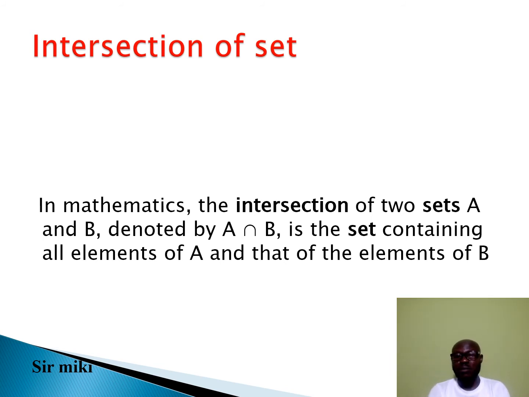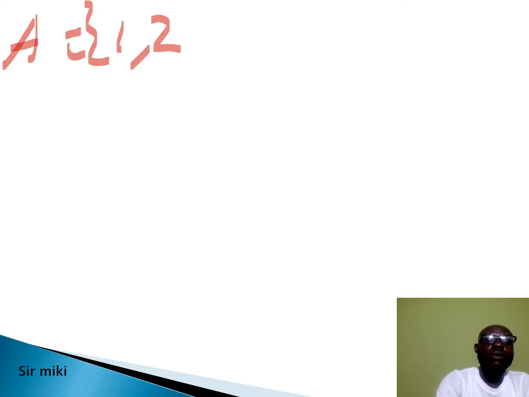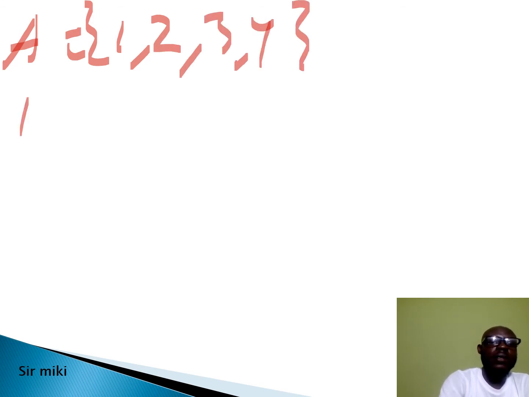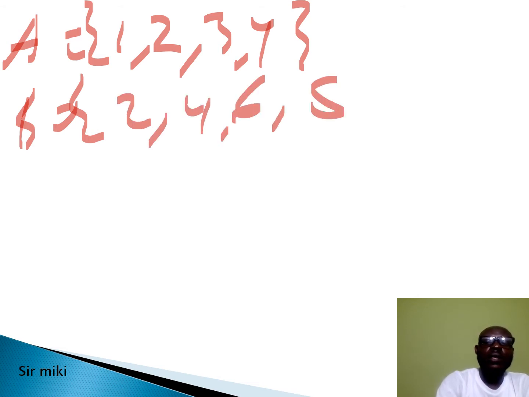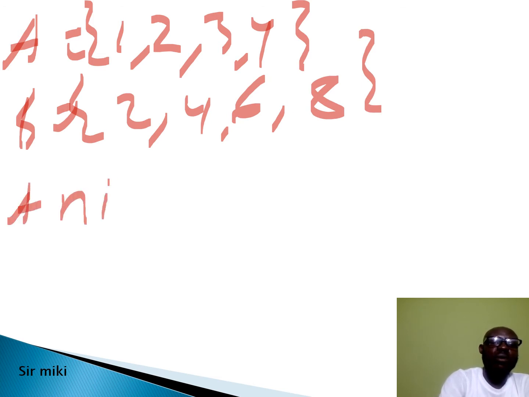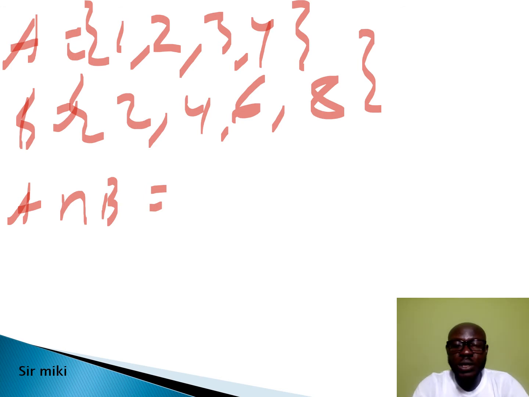In mathematics, the intersection of two sets A and B, denoted by A ∩ B, and that is the symbol to denote intersection, is the set containing all elements common to A and to B. For example, if I have A equals {1, 2, 3, 4}, and set B equals {2, 4, 6, 8}, then A ∩ B will give us elements found in both sets.